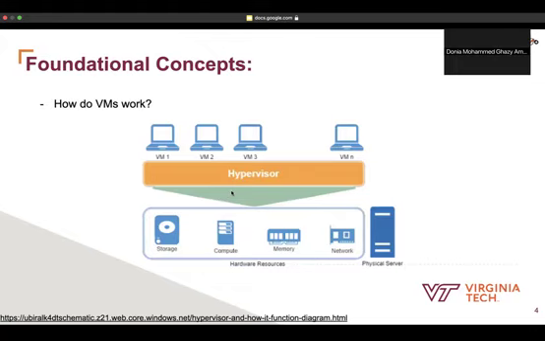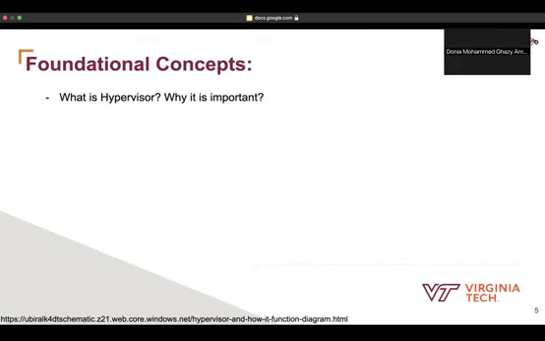Okay, now I introduce another new concept, which is the hypervisor. Someone might ask, what is a hypervisor, or at least why is it important in our topic? A hypervisor is the software layer that manages multiple VMs on a single machine. It ensures isolation between the virtual machines so that they cannot interfere with each other.